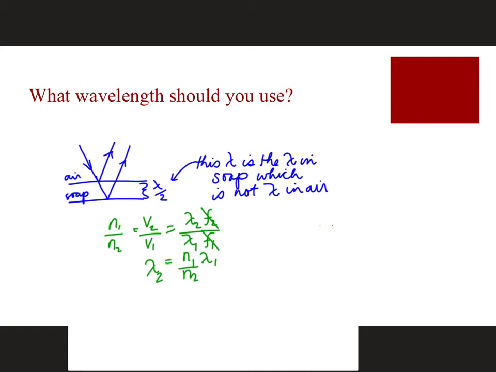Now, in the case of air, we know that the index of refraction of air is 1, so this would actually then look just like lambda 2 equals lambda 1 over N2. But remember, that is only valid if it's going from air to somewhere else. I would recommend that you actually think about this one here so that we have ability to calculate it no matter what our initial medium is.